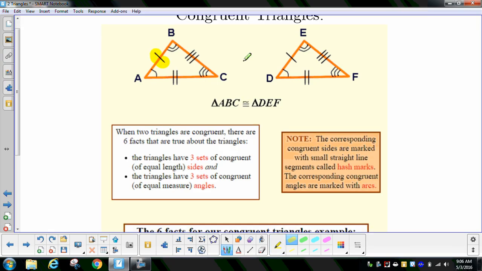So I have 1, 2, 3 pairs of congruent sides, and then I have also corresponding angles being congruent. So just remember that the number of arcs in each angle tell you which angle is congruent to which other angle. So you can tell which parts correspond by looking at the names of the triangles.